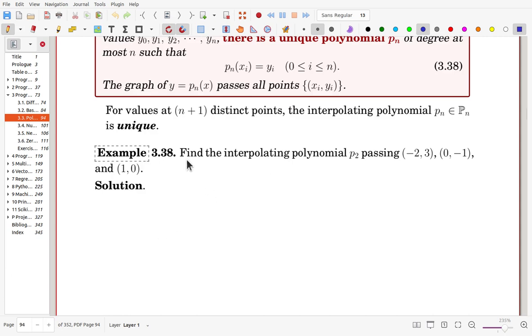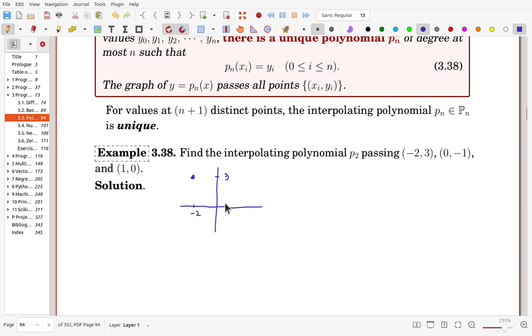Okay, here, find the interpolating polynomial P2 passing through the 3 points. Let's see the data points. We'll try to visualize them. There are x and y coordinates. Here, x is minus 2 and y equals 3, so we have a point here.